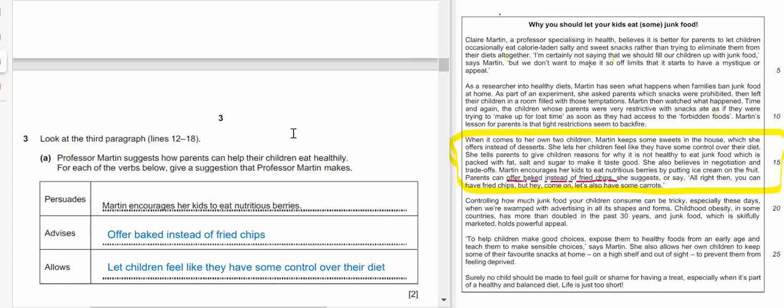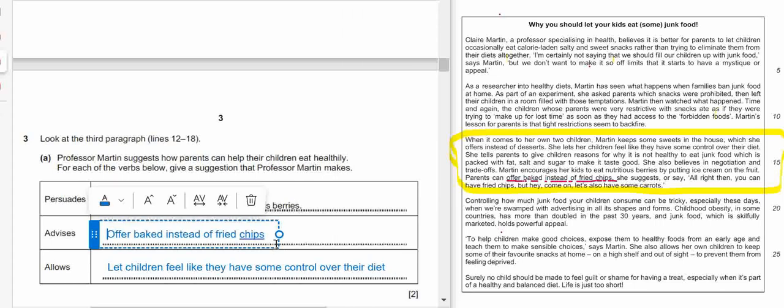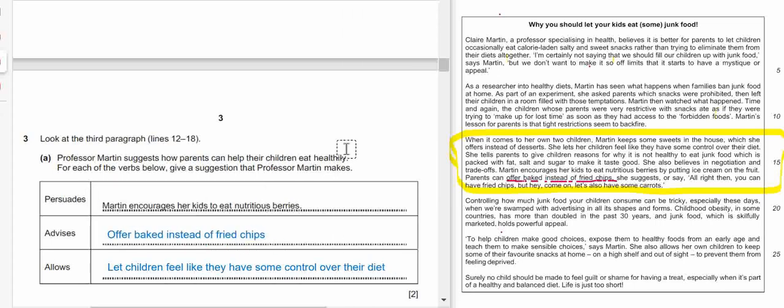Next, let the children feel that they have some control over their diet. Allows. So that's how parents can help their children eat healthy. They allow. What do they allow here?